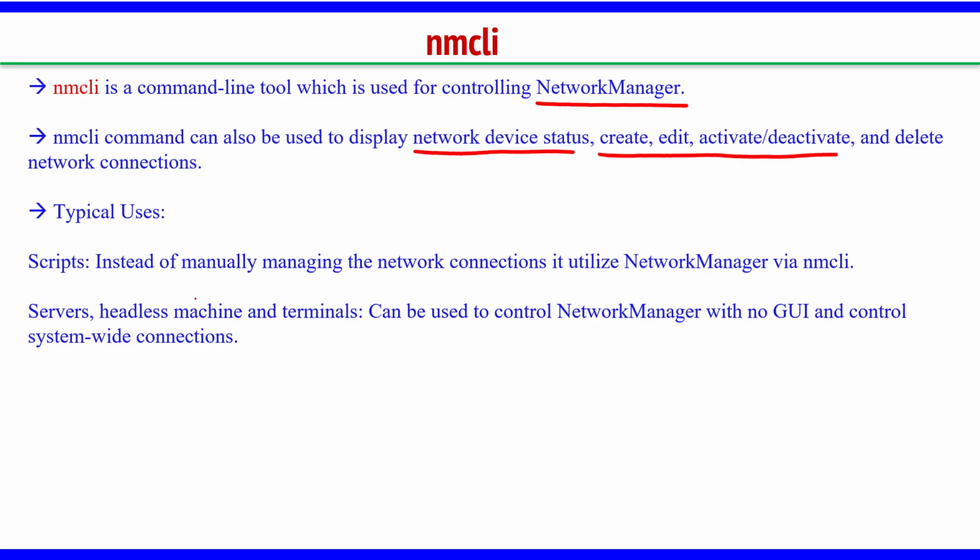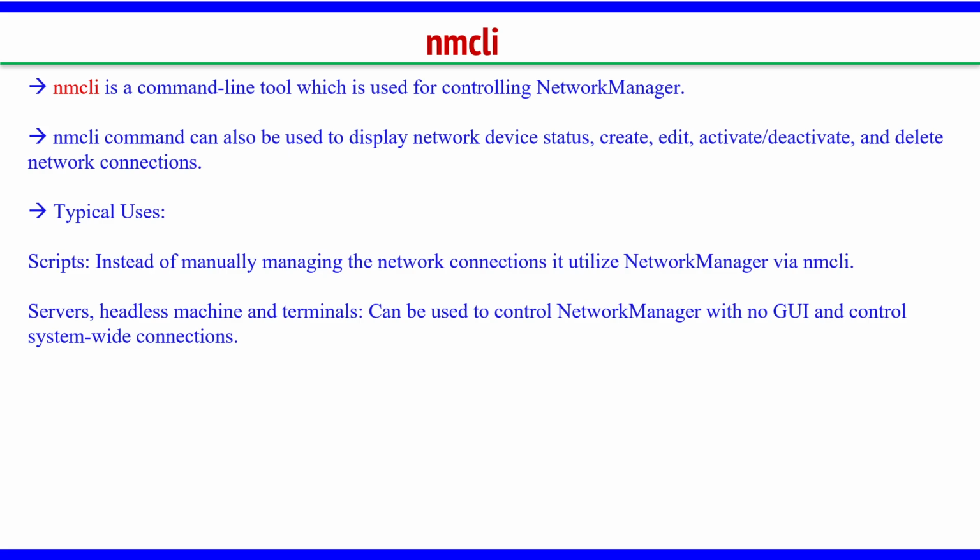What is the use of nmcli? One use is scripting. Instead of managing network connections manually, you can write automatic scripts that use the network manager via nmcli to do the task. It can also be used to control the network manager with no GUI and control system-wide connections. Sometimes we don't have a GUI, and there I can use this too.